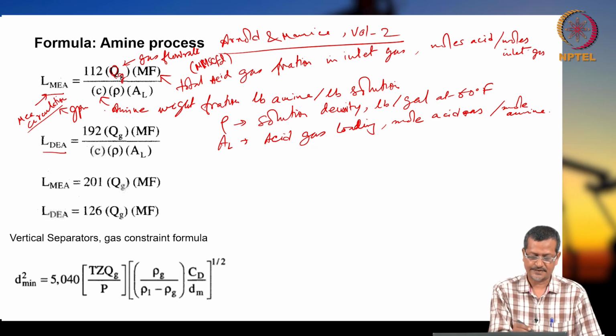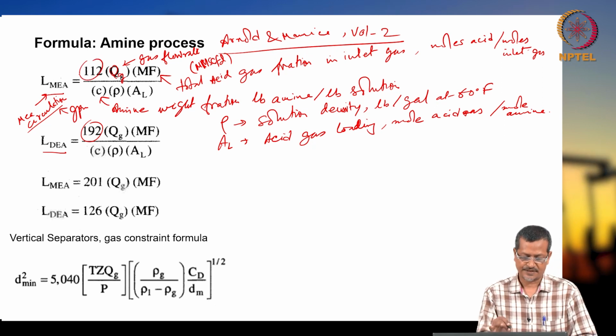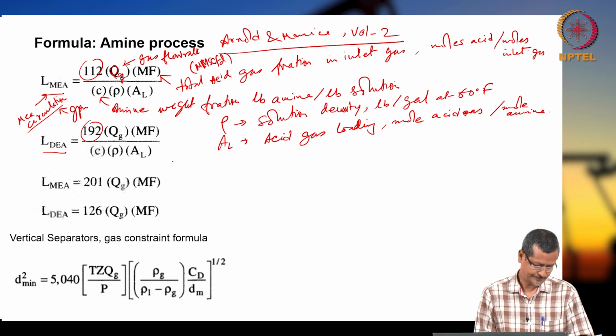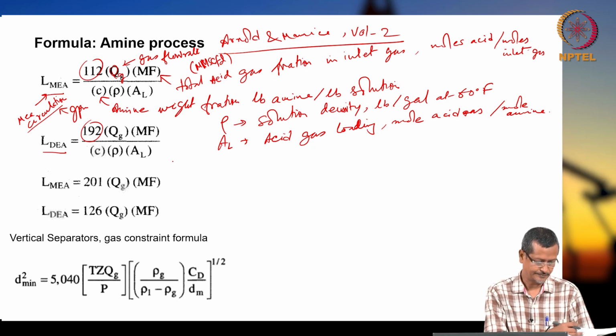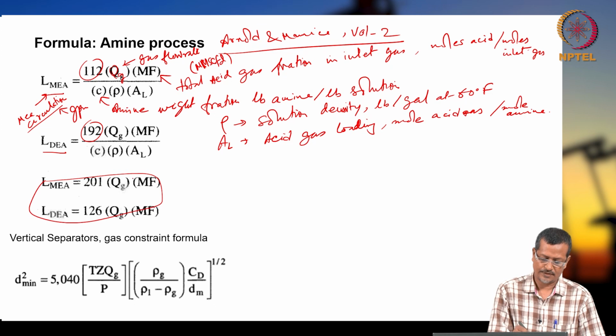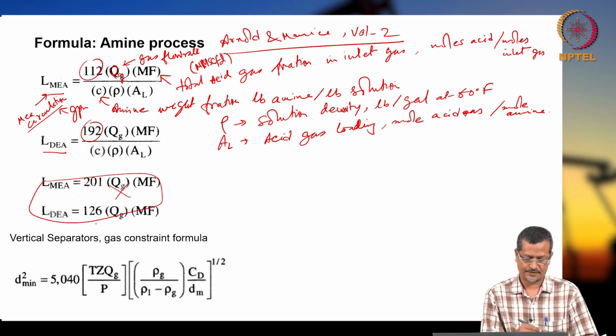The LDEA formula is like this, only the 192 constant term is changing, other terms are all the same. Ignore these two equations now, later if we use them we will explain.